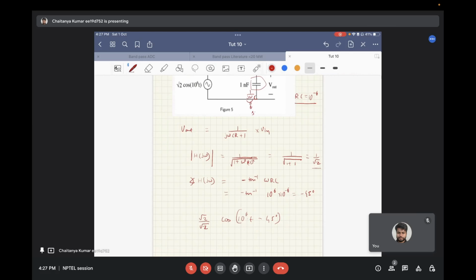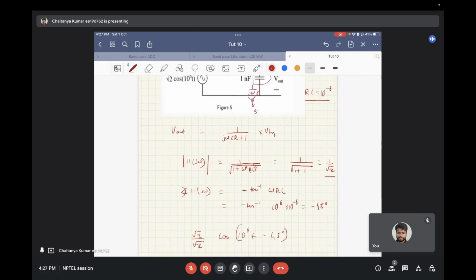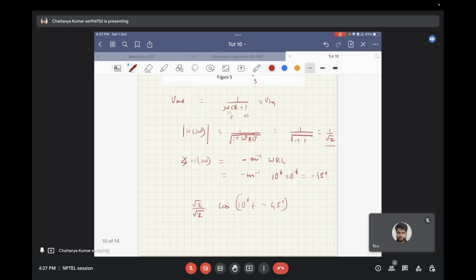Now you notice over here, this is a low pass filter. For omega equal to 0, the magnitude would have been 1, and for omega equal to infinity, the magnitude would have been 0.